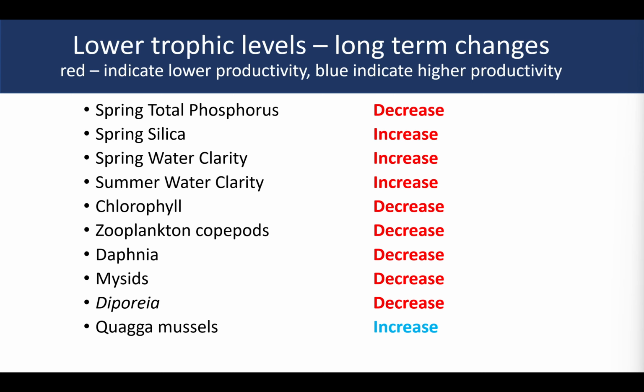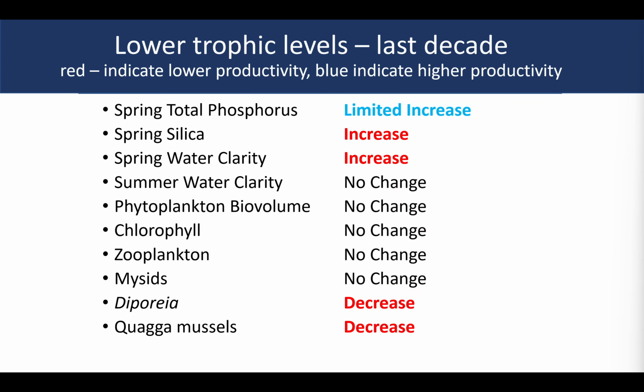But if we look at the most recent 10 years, we see very little change in these things, except for some increase in total phosphorus, which is colored blue to indicate some kind of increase in production. And then, of course, Diporeia continues to decrease, and quagga mussels seem to be starting to stabilize or decrease. So not a lot of new things to report, but pretty much the status quo is continuing since that dramatic decline in 2003.